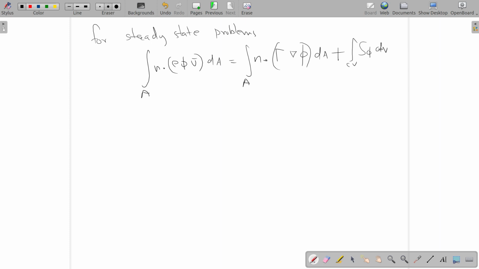For time dependent problems, we also need to integrate with respect to time over a small interval delta t.